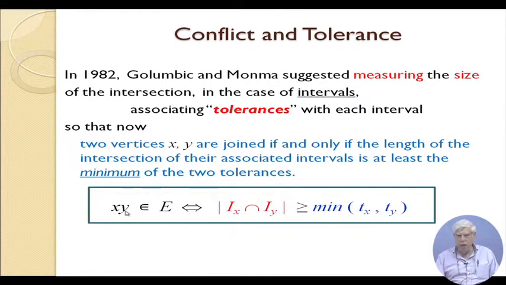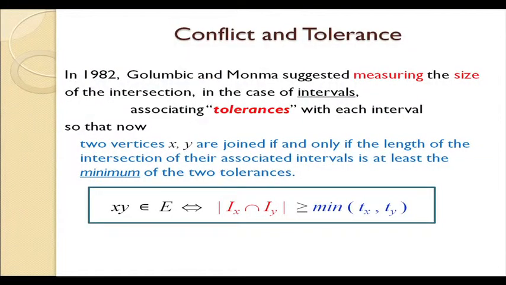I put an edge between x and y if the size of their intersection is larger than the minimum tolerance. Say x is less tolerant than y. And if it's an interference that bothers x because it's too big, he shouts out, conflict. Okay? So it might be that x causes the edge, it might be that y causes the edge. But we have a limit to the amount of tolerance, and we do measure the size of the interval.